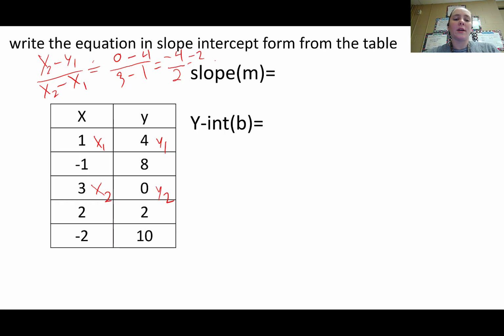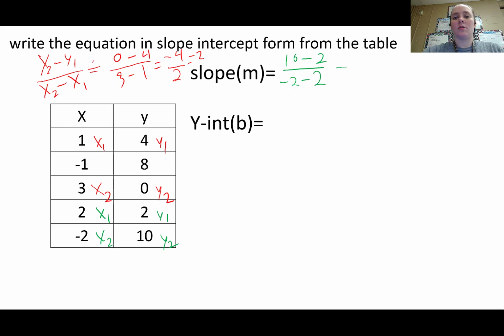All right, so I'm going to pick another couple set of points. Okay, so those are the red. Okay, I'm going to use those two. So I'm going to get 10 minus 2 over negative 2 minus 2.